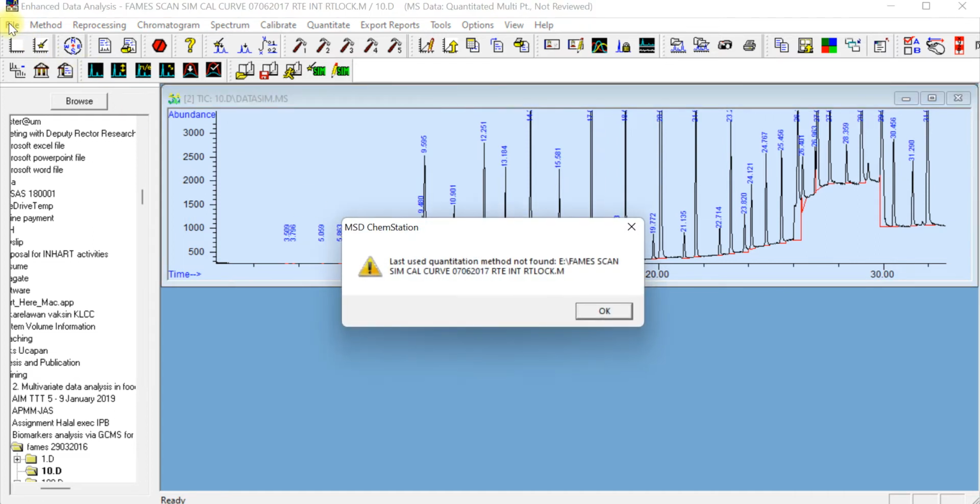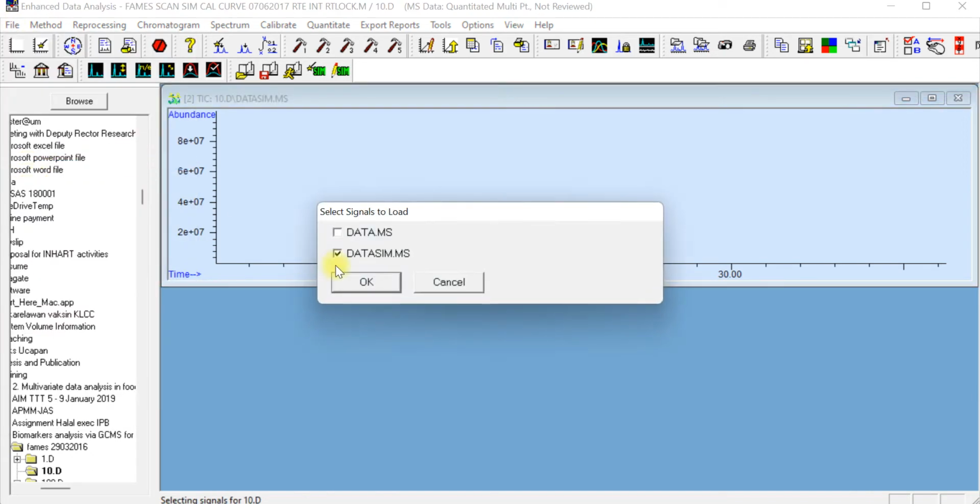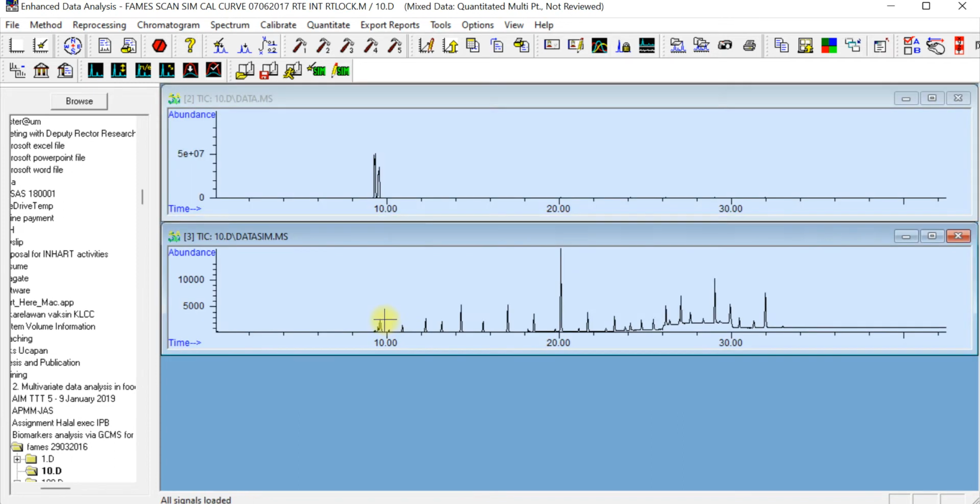So usually in the GCMS, you will get two types of data. The first one is mass spec data, and the other one is SIM data. SIM means selected ion monitoring. When you run the GCMS, you will get both of these data. The first one at the top is the scan mode, where the GCMS will collect as much as possible, including the background and any additional compound that it can get from the sample.